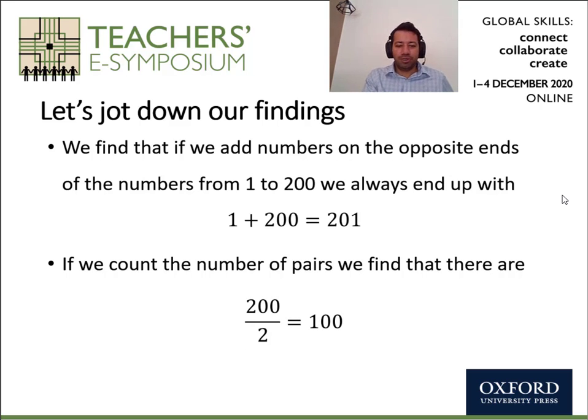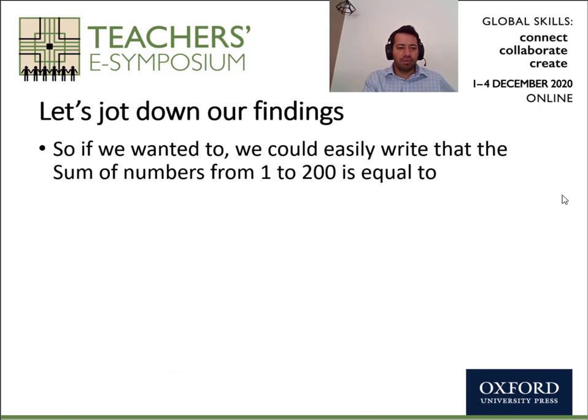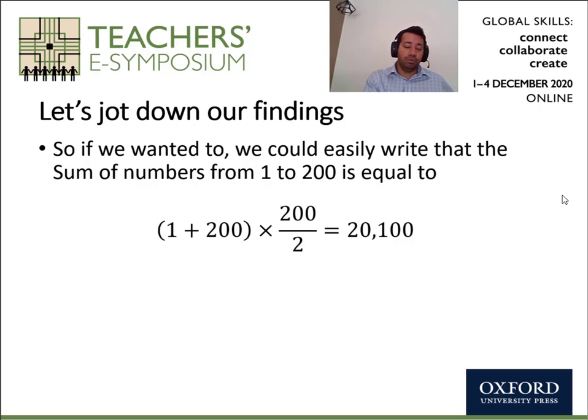So 200 over 2, that's 100 pairs. If we put these findings together, we'll end up with a little equation that says the sum of numbers from 1 to 200 is equal to 1 plus 200, that is the sum of a pair, multiplied by the number of pairs. That is 20,100.